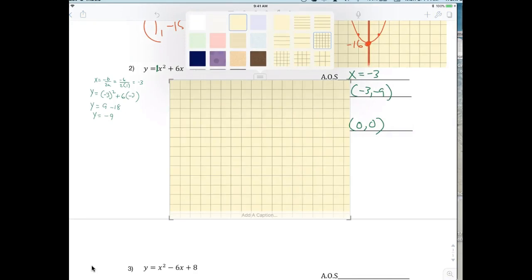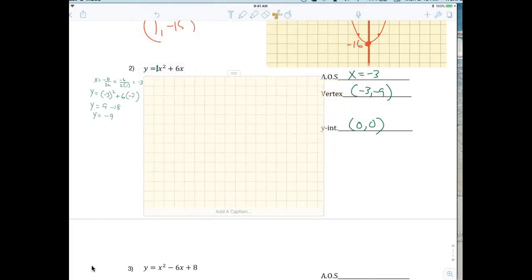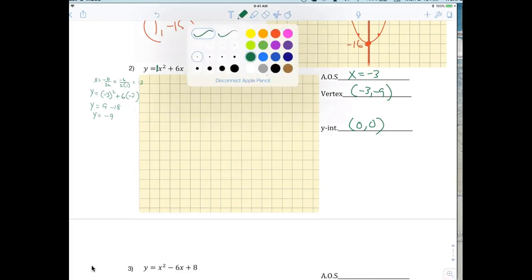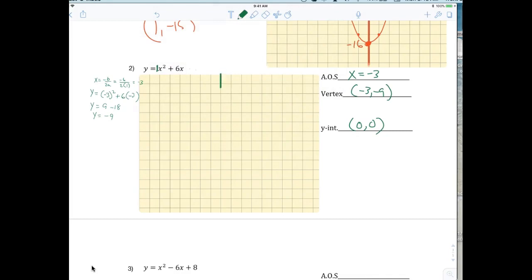All right, let's see what we got. So let's draw this in. Now, what is my vertex? Negative 3, negative 9, right?